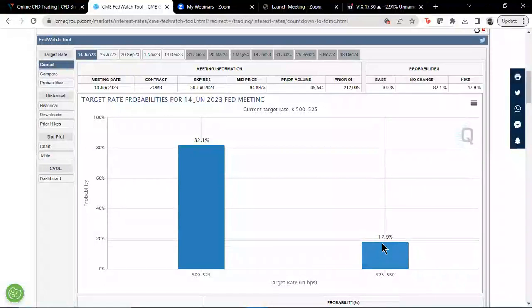So this 17.9% then goes back up, not as high as 40, but higher than where we are currently. Bearing in mind, of course, what Fed Chair Powell has said.